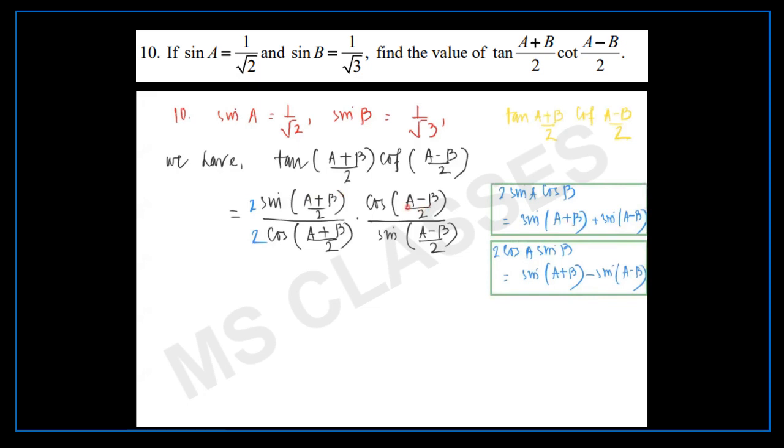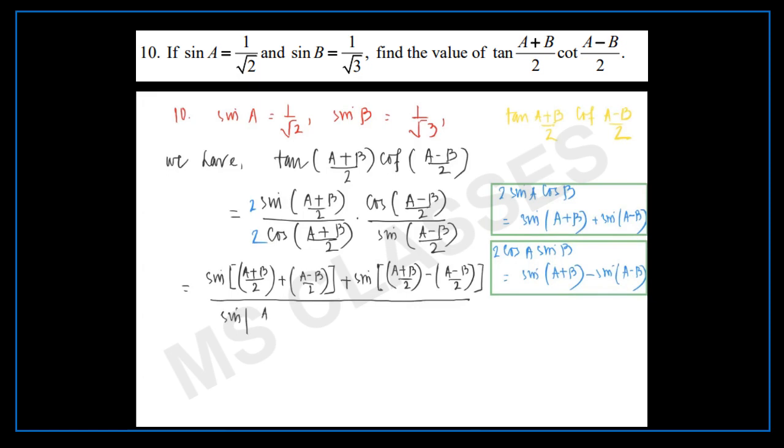So let us apply the formulas. We write here sin((A+B)/2 + (A-B)/2) plus sin((A+B)/2 - (A-B)/2), whole divided by sin((A+B)/2 + (A-B)/2) minus sin((A+B)/2 - (A-B)/2).